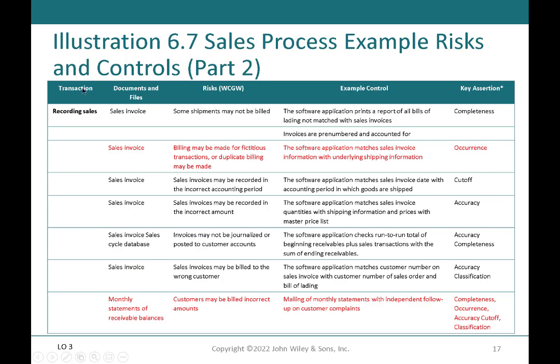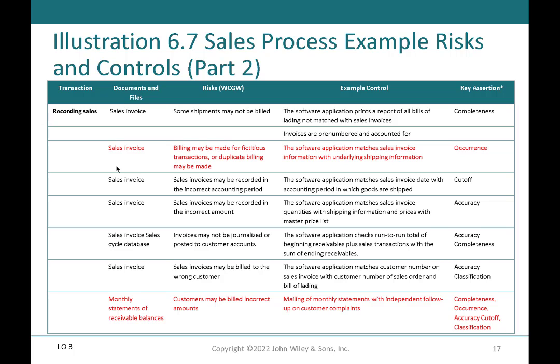Now, recording sales is a big area of interest to the auditor, and notice there's numerous different situations and risks that can arise surrounding the recording of sales. Notice one of the bigger issues that you might find on an audit, a very problematic situation, is billing for fictitious transactions or duplicate billing.